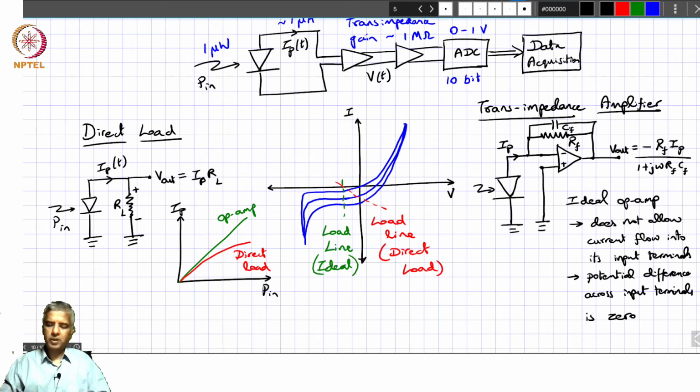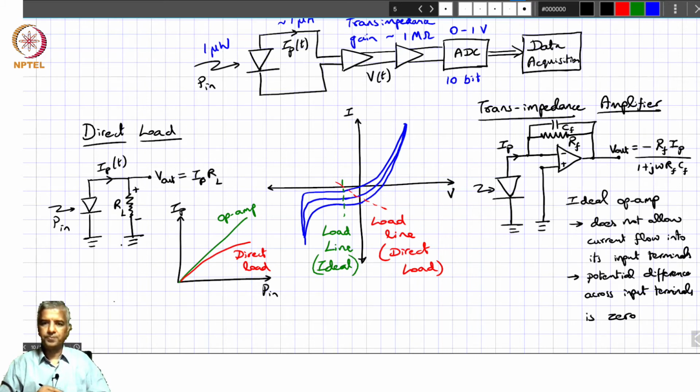We didn't talk about it explicitly, but even if you go back to this, you would basically say that this photodiode has certain capacitance. That capacitance in parallel with this RL also provides a bandwidth constraint as far as the response is concerned.